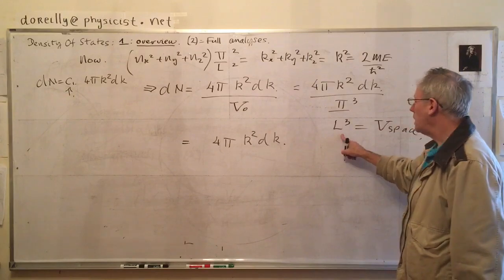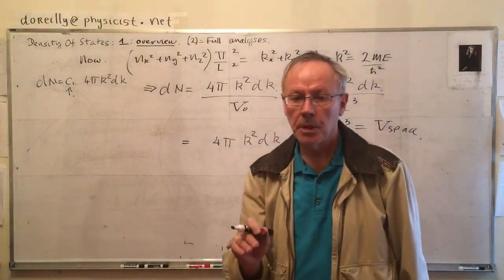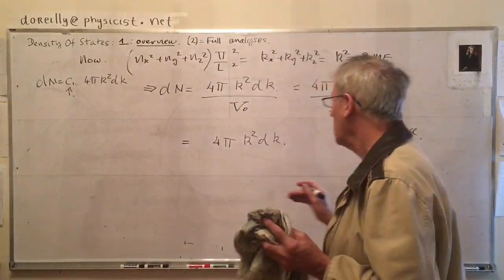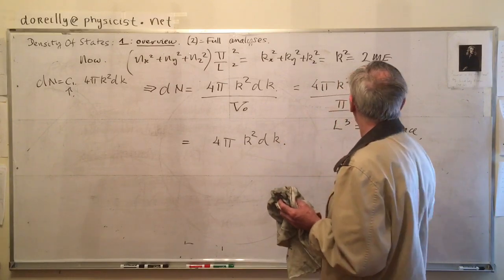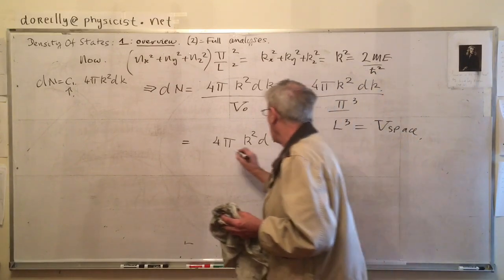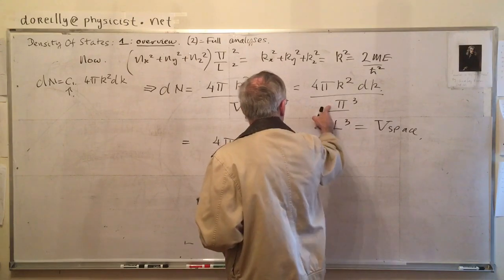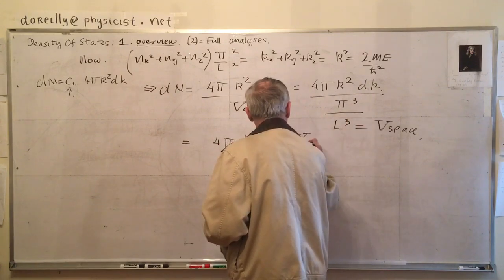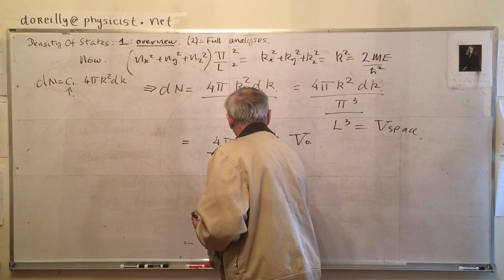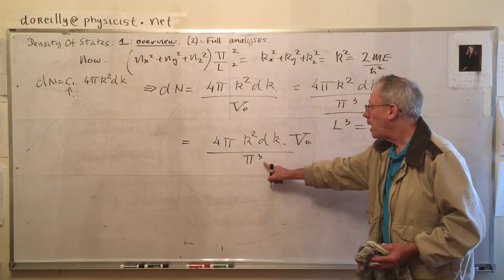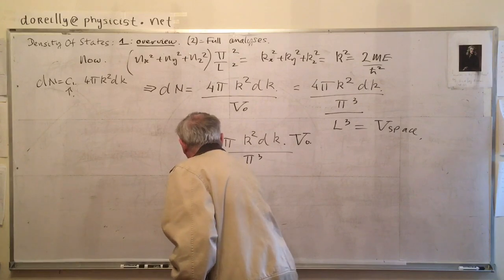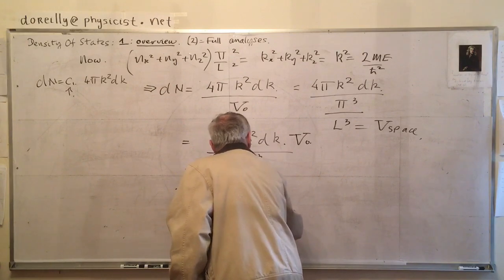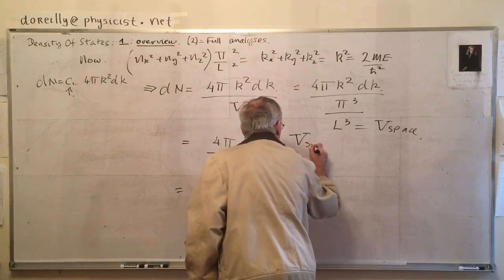Now don't forget what L cubed is. L is the length of a side of a box. So L cubed is the volume of the whole box, the whole space in x space, as opposed to this little dk. This here has a pi cubed downstairs, and the L cubed is upstairs, V. So we'll cancel one of the pi cubes. No, this is not V0, this is V space.